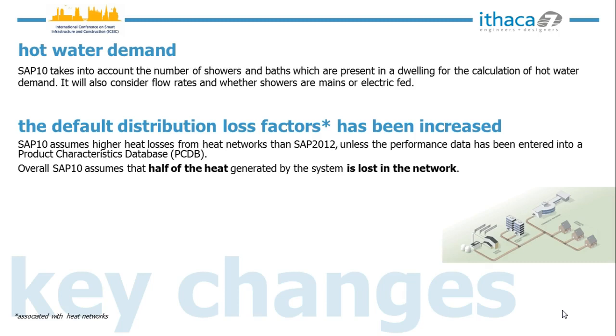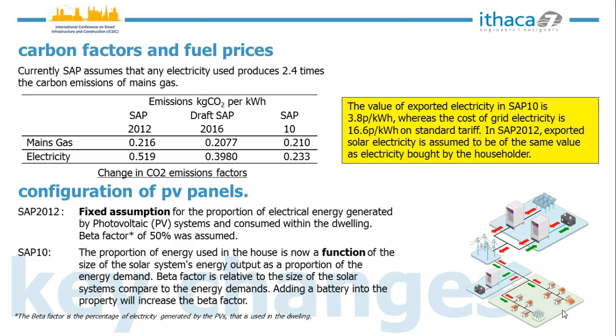At the same time, sorry, I'll go back to say that because the carbon factor for electricity in SAP10 has dropped so much, going with PVs to offset a lot of carbon previously made sense because you had a 0.5 factor.